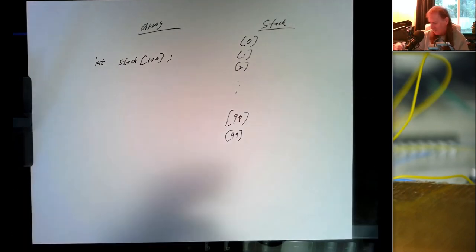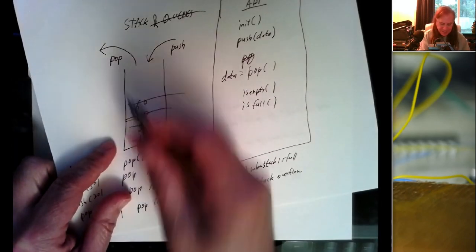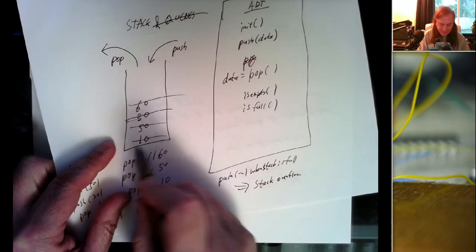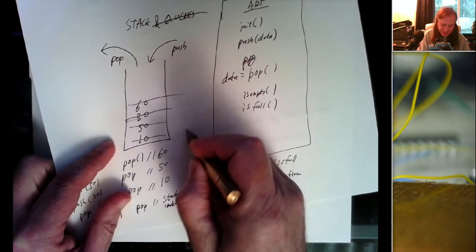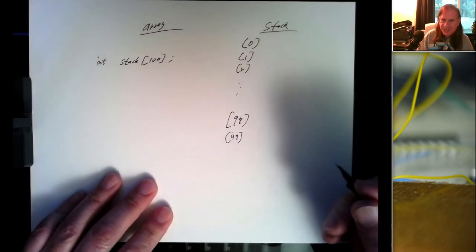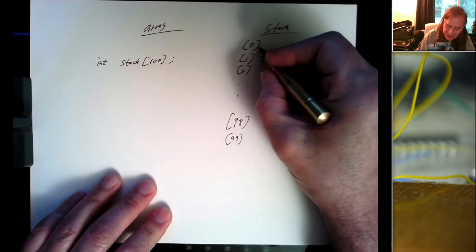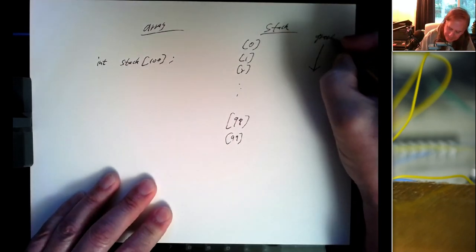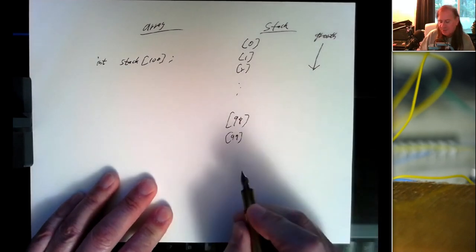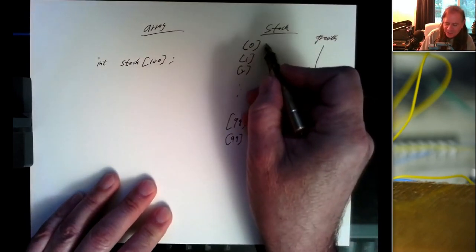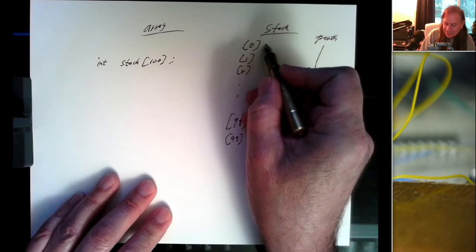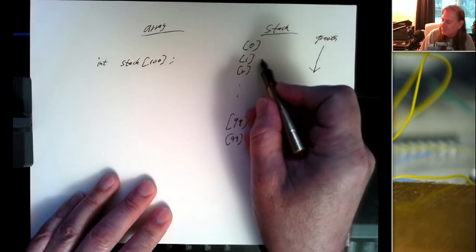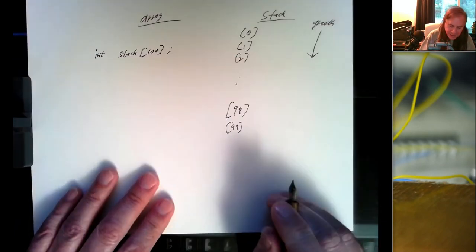And that would kind of match our picture of things being stacked up, where gravity pushes things down in this direction. But implementation-wise, it's a little easier if we turn things on their head and think of our stack as beginning up here and growing in this direction. So the first thing we're going to store in our stack is going to go at location 0. And after we've pushed something here, the next thing will get stored at location 1, and so on.